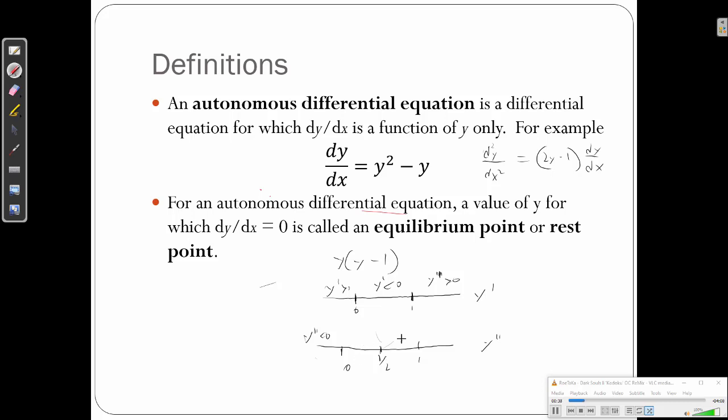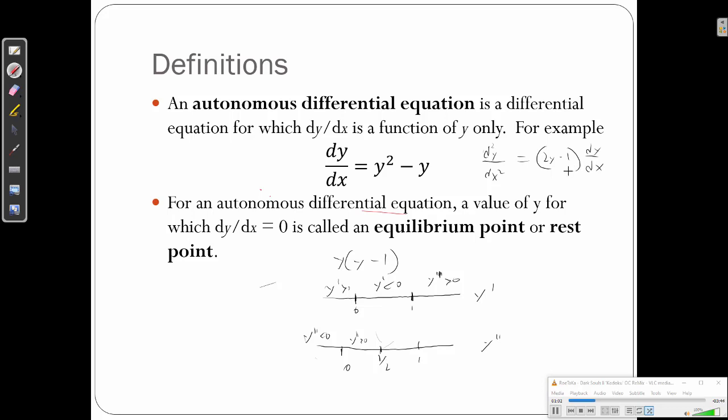In between 0 and 1, this first derivative is less than 0. In between 0 and 1/2, for the second derivative, say you plug in 0.1, this will still be negative. So negative times negative is positive, y double prime greater than 0.